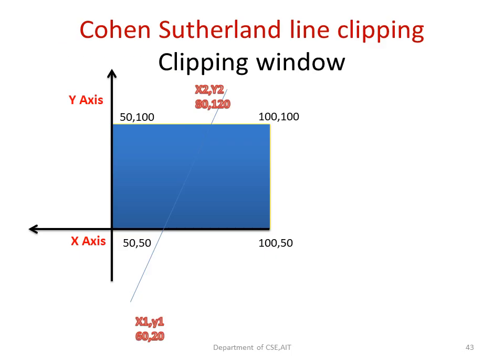So it will look something like this. We have a line starting from 60-20 to 80-120. Here I have just roughly drawn it, because we don't have a scale. I have roughly drawn a line from 60-20 to 80-120, and I have a clipping window. The clipping window has 50-50 on the left bottom corner and 100-100 on the top right corner.